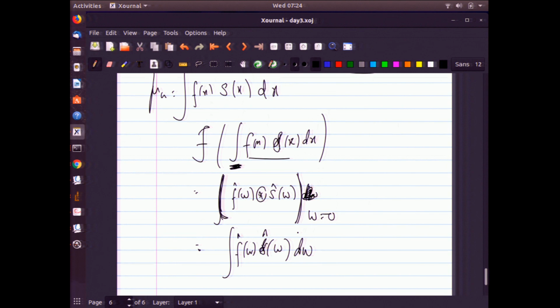Is f a random variable? Yes or no? Yes. Is S a random variable? So S is clearly random because we're going to choose random samples for S of x. So S is clearly random. F depends on your perspective.